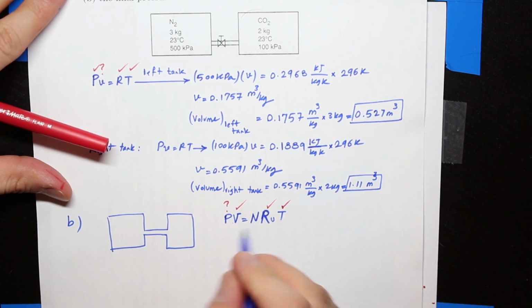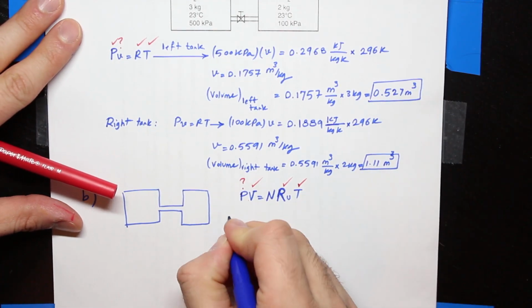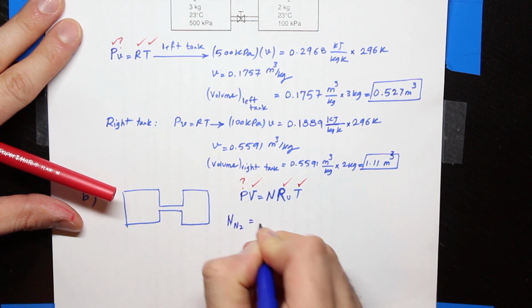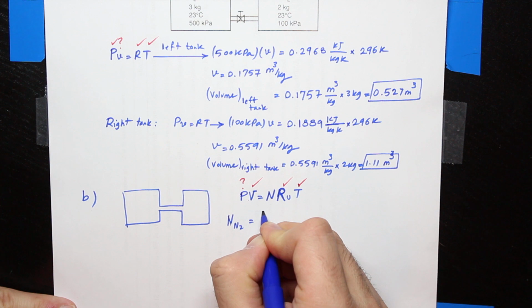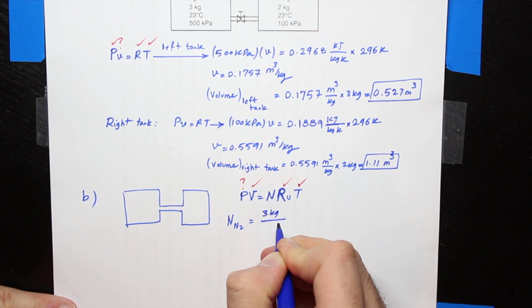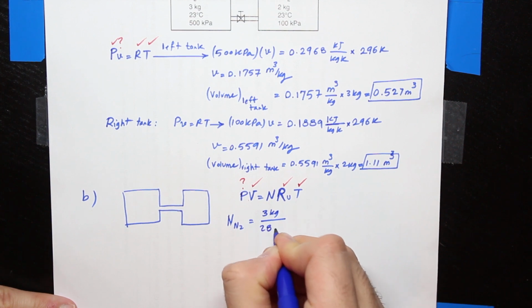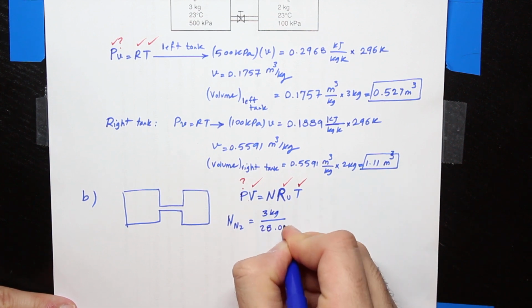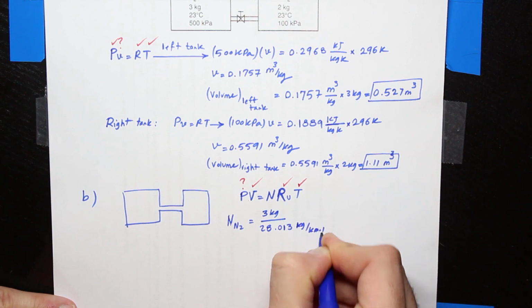My goal is to find the number of moles for nitrogen as well as the other gas. The number of moles of nitrogen is the mass of nitrogen over the molar mass of nitrogen, which is 28.013 kilogram per kilomole.